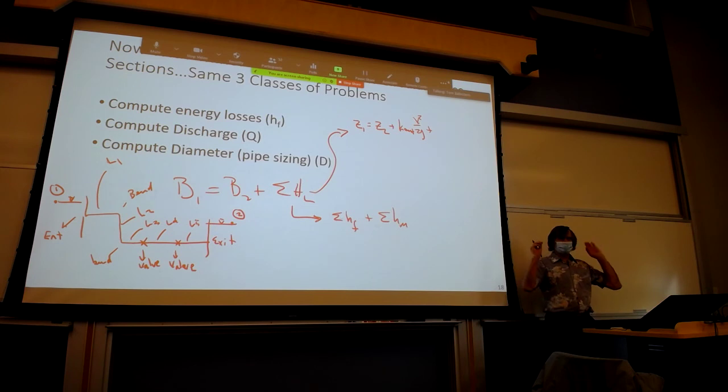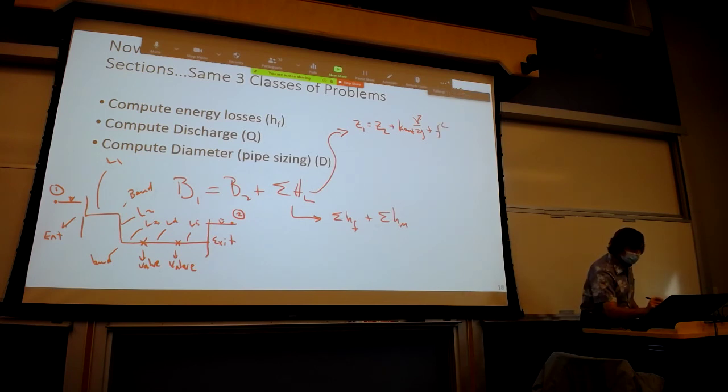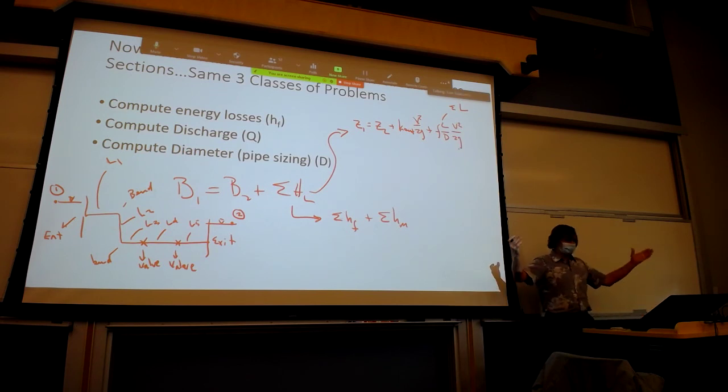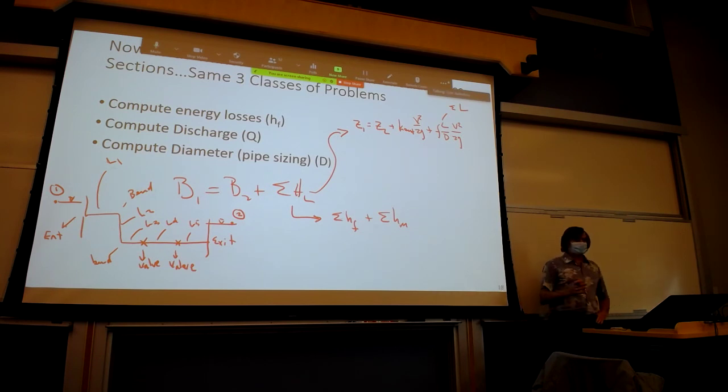If it's all the same diameter pipe, the friction loss is the sum of the friction loss in all of that pipe. So you don't have to break out f L1 over D V squared over 2g, f L2 over D V squared over 2g, because again, they just sum up. If they're not the same diameter, then obviously you have to break them out.